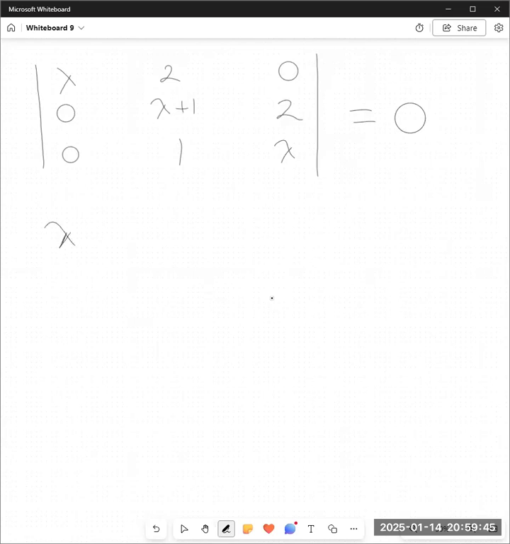So I'm going to write down my lambda, and the minor for that that's left is lambda plus 1, 2, 1, and lambda. So that's going to be lambda times the quantity, lambda times lambda plus 1. Let's call that lambda squared plus lambda minus 2 is equal to 0.